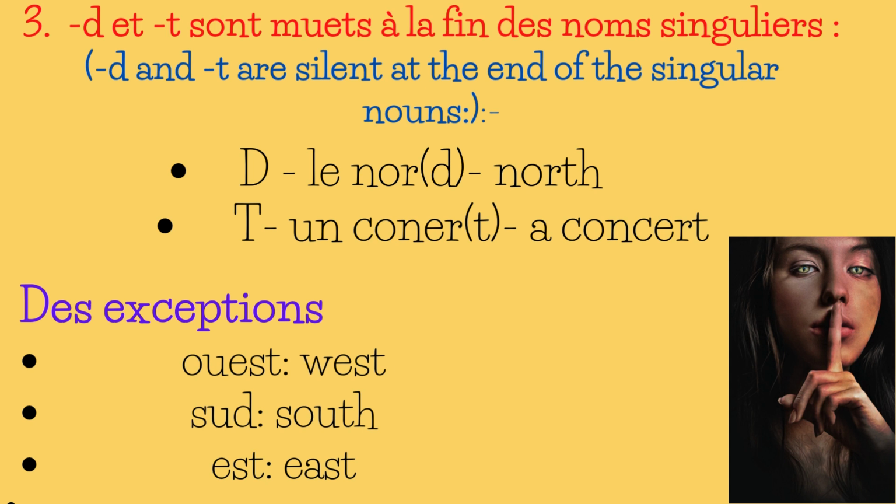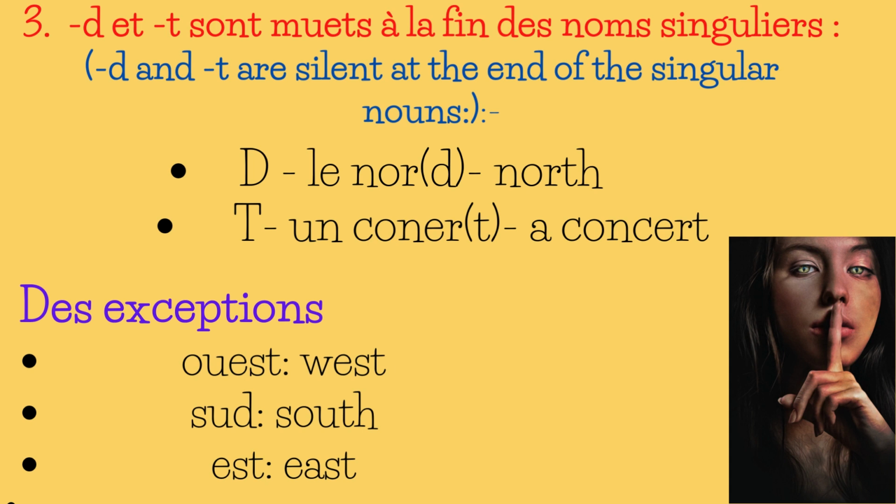Third one, D et T sont muets à la fin des noms singuliers. In these words also, muet and singulier, you can hear that I don't pronounce the letter S. Muet, singulier, which means D and T are silent at the end of the singular nouns.